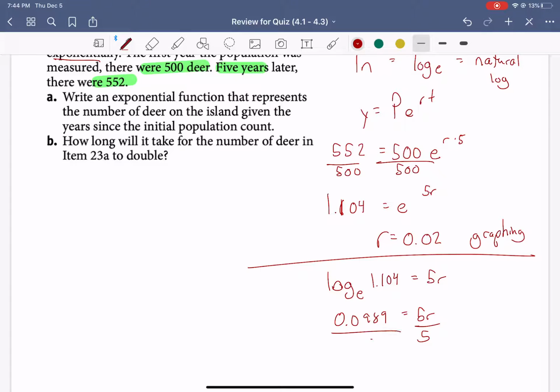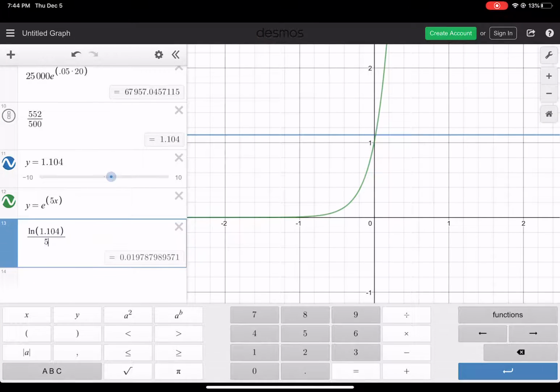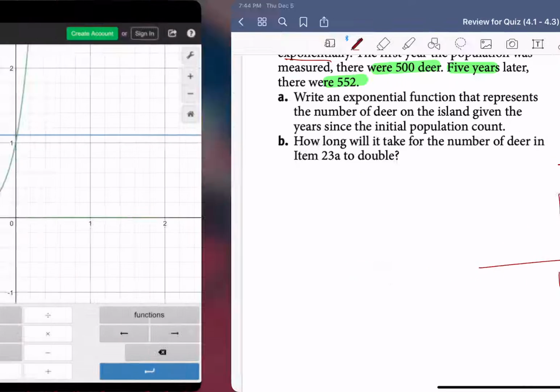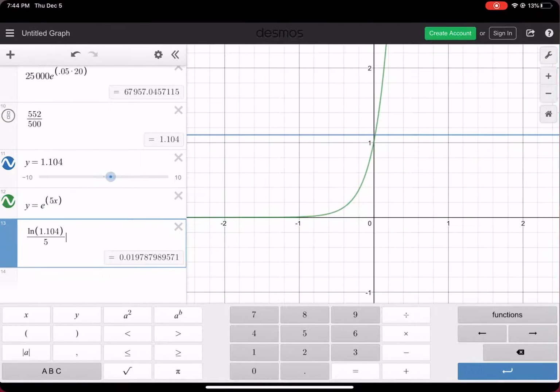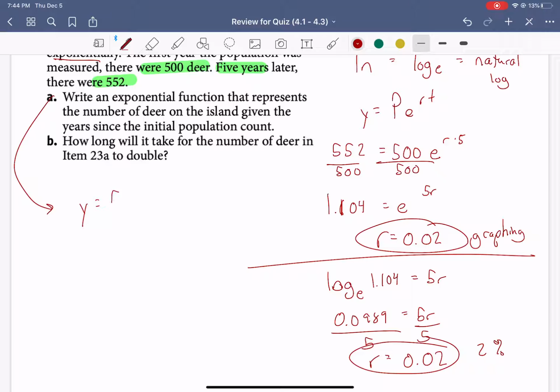Divided by 5. So we get r is equal to 0.0198, whatever, so that's basically just 0.02. So again, we get the same rate, which would be 2% no matter what. So when we actually write our answer for A, we get our 500 deer that are increasing at this percent every year continuously.